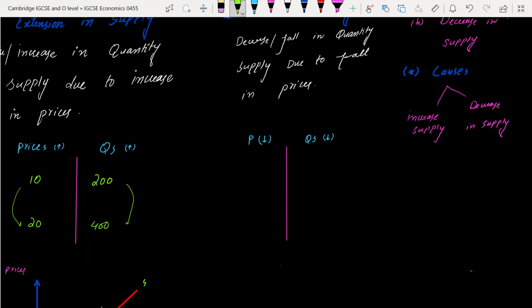For example, when there was a $50 price, 200 units were being supplied. When the price fell from 50 to 25, the quantity supply also fell to 100. It is contracting.